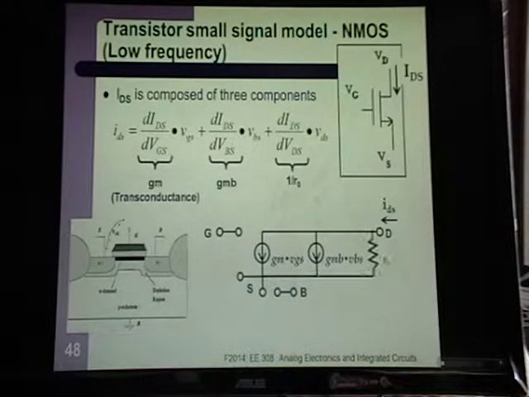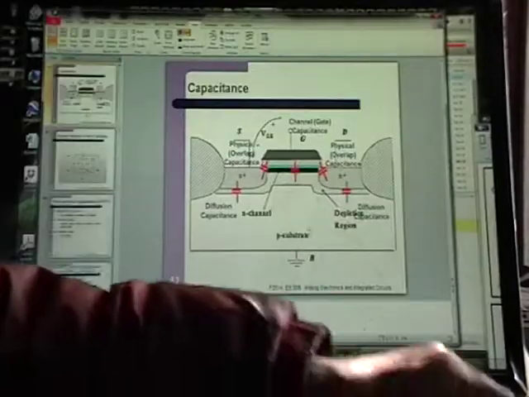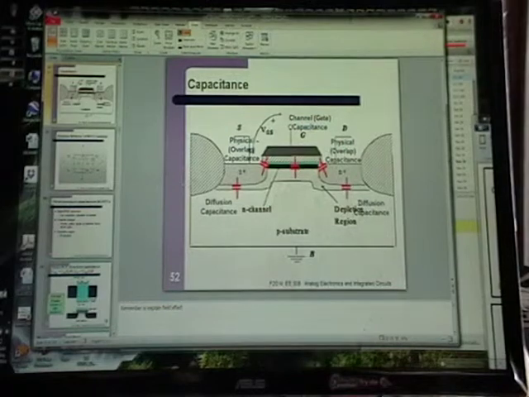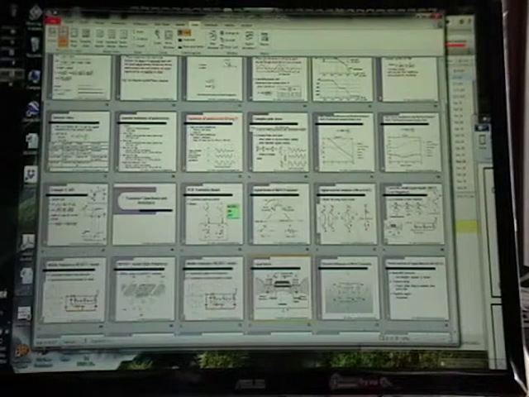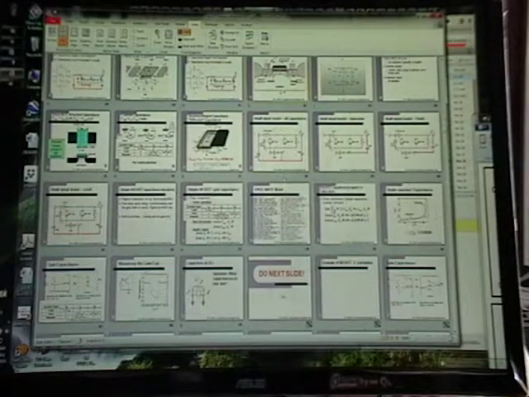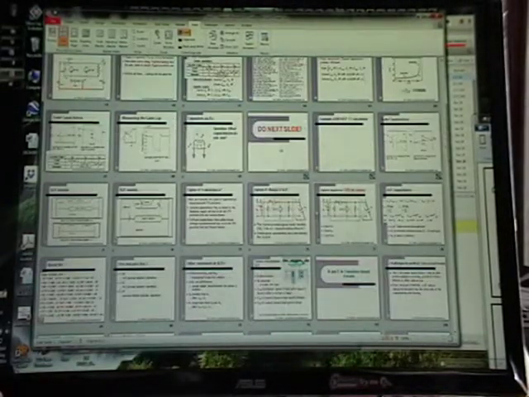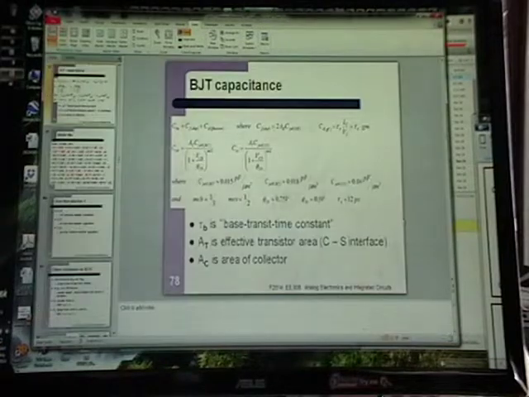Okay, and we've done all this and figured out where all the capacitances are. This is where I have all the equations and how to calculate the capacitance for a MOSFET. And then I also did that for BJTs.